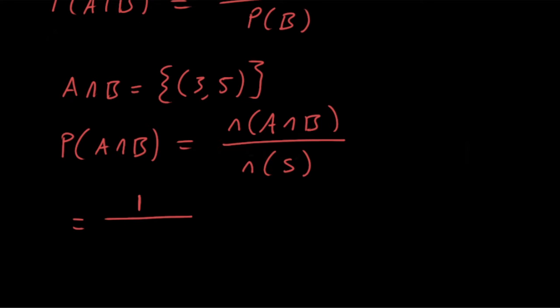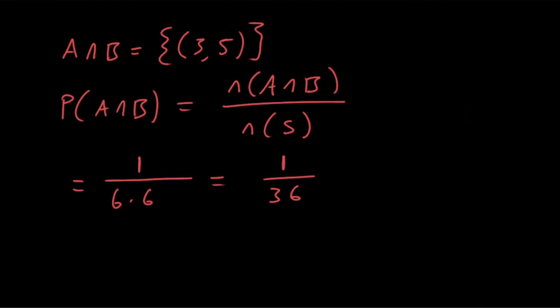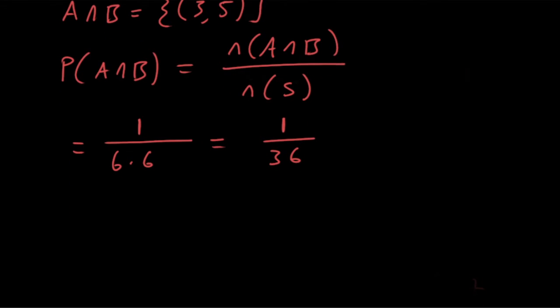So it's going to be 6 times 6, which is 1 over 36, because there's 2 dice. So you do the number of sides on one die times the number of sides on the other die.